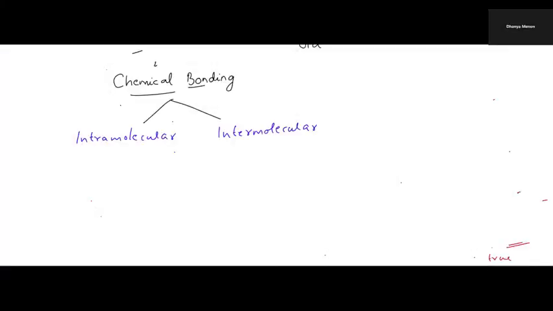Students, chemical bonding, we just discussed, is the attractive forces that keep the atoms together in a molecule, right? Now, chemical bonding is of two types. It is intramolecular and intermolecular. Okay, so intramolecular, as the name suggests, it happens within the molecule.